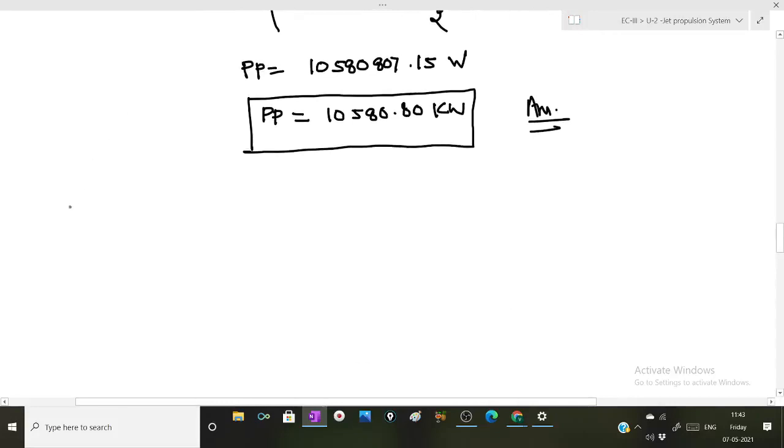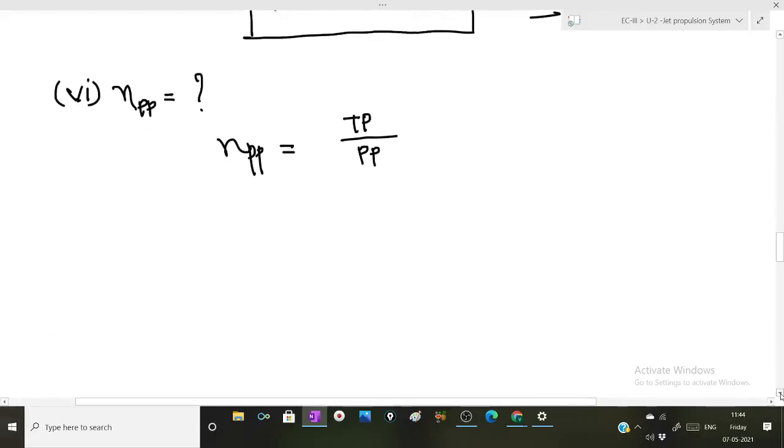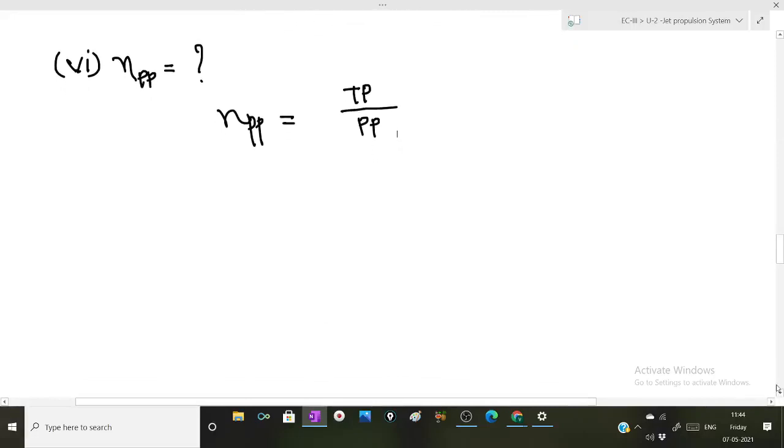Now, sixth one is propulsive efficiency, eta suffix pp. So propulsive efficiency is given as the ratio of thrust power to the propulsive power. Propulsive power we have just now calculated. Let us calculate thrust power.